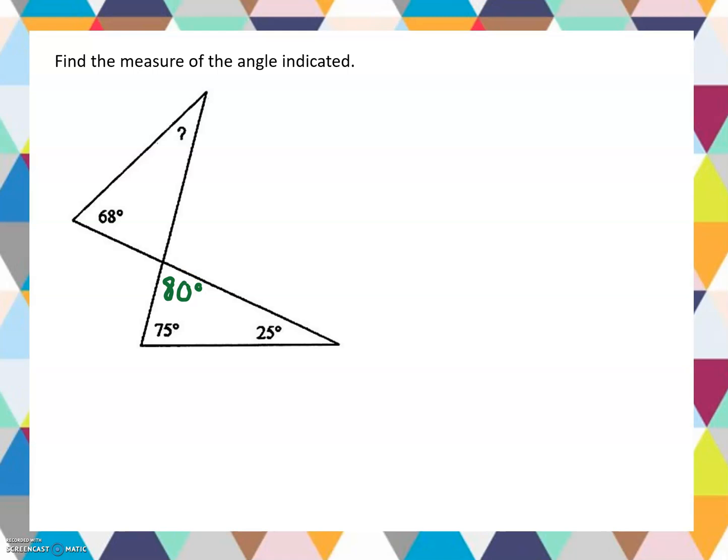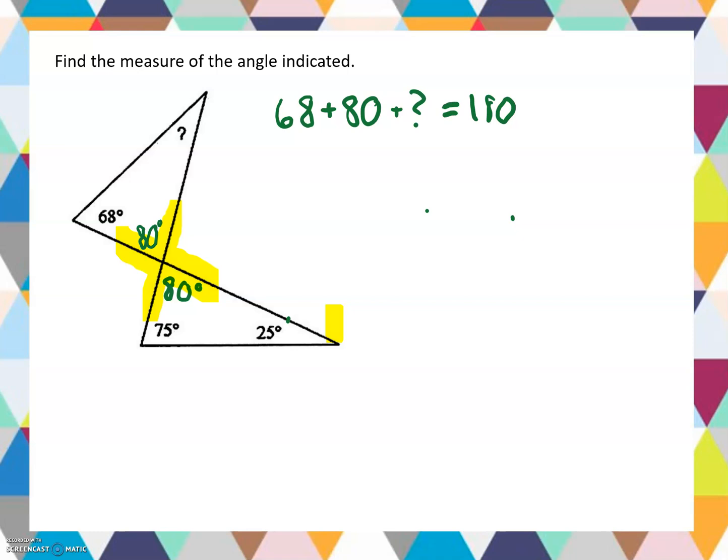And because we see a pair of vertical angles here, we can also mark this one 80 degrees because vertical angles are congruent. All right, now to find this missing angle, we can set up an equation because we know that the angles in a triangle add up to 180, so 60 plus 80 plus this unknown is going to give us 180 degrees.